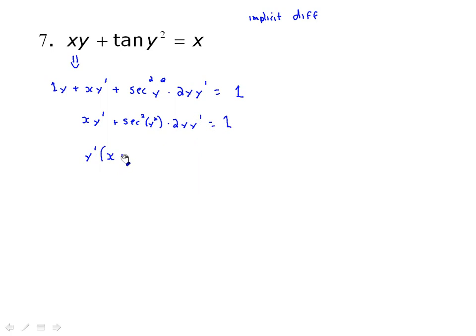So that gives me x plus 2y secant squared y squared is equal to 1. And then when I isolate the y prime, I get 1 over x plus 2y secant squared y squared. And unless I see anything wrong with that, there's my answer.